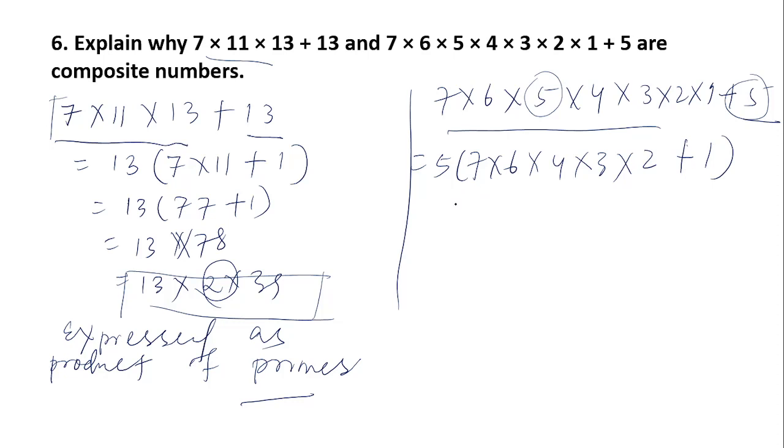So this entire expression will again be converted into a product of primes. Check yourself. That's why this is also a composite number.